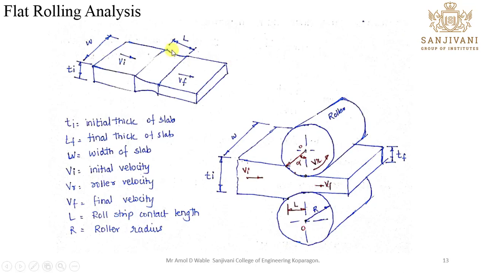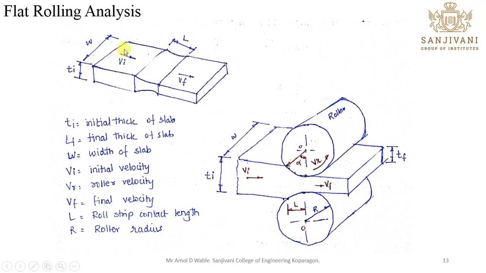So here is some notation: this is the initial thickness, this is the final thickness, and along the part which has been changed, the roller is rotating. So it will have a different velocity. This is the initial velocity, this is the final velocity, and L will be called the contact length, where the roller actually comes in contact.